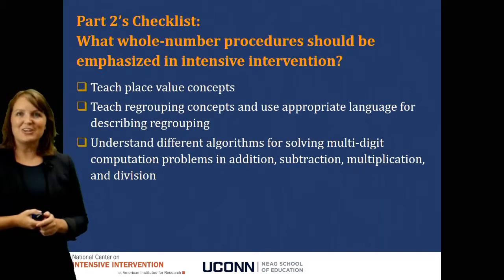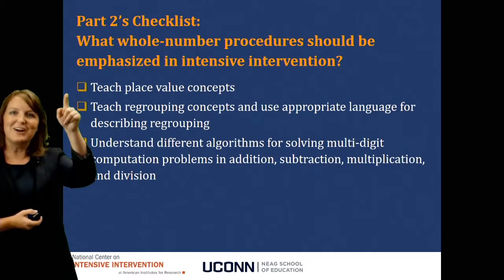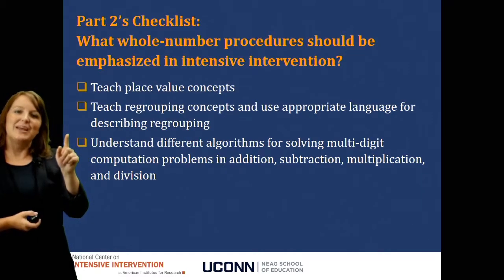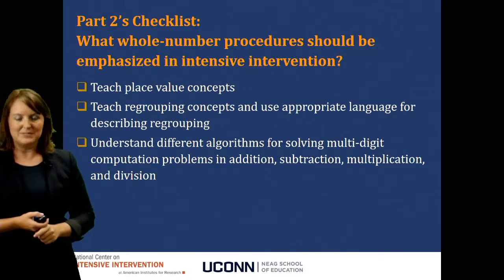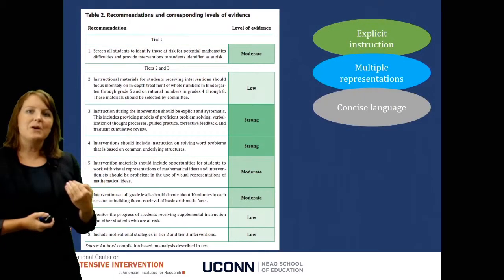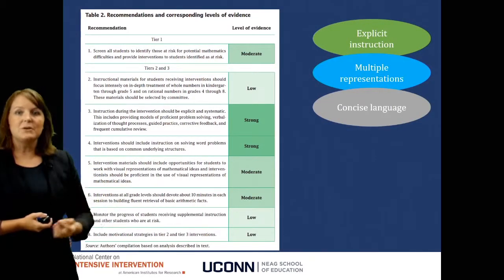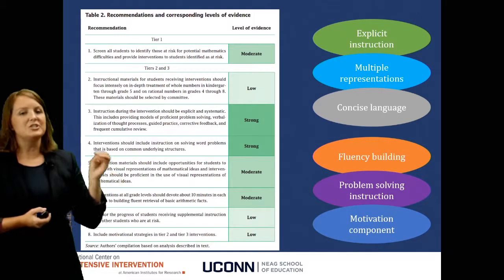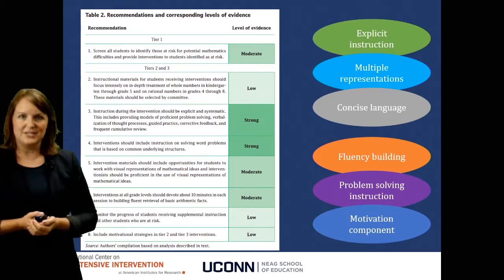So in Part 2, our checklist included teaching place value concepts, thinking about the language of regrouping, and then understanding those different algorithms. And then finally in Part 3, we reviewed our 6 important components to intervention, these 3 that deal with the delivery of instruction and these 3 that deal with strategies that should be embedded within the intensive intervention.